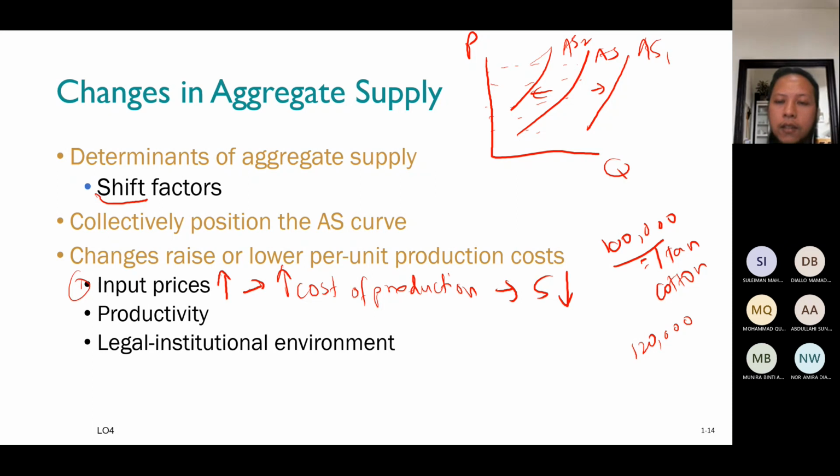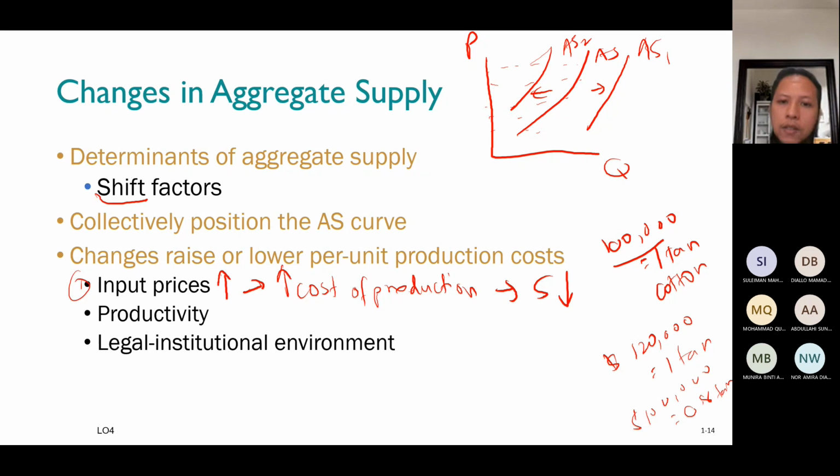with the same amount of money that you have budgeted. So now, sorry, 120,000 for 1 ton. So if you only have 100,000, then you can only buy 0.8 tons.